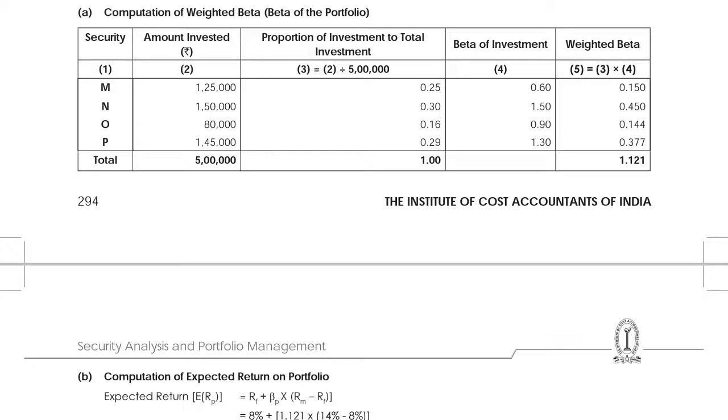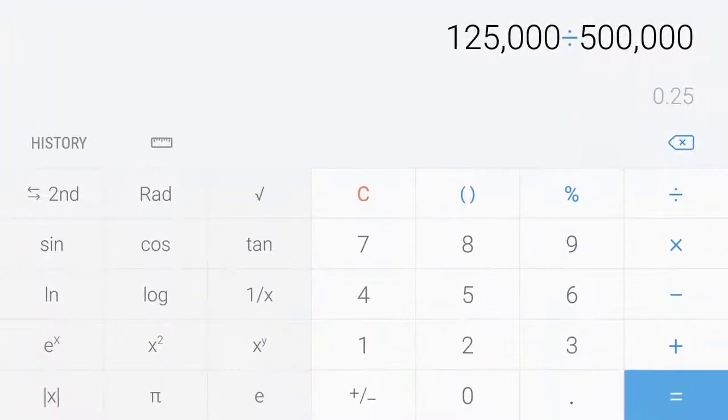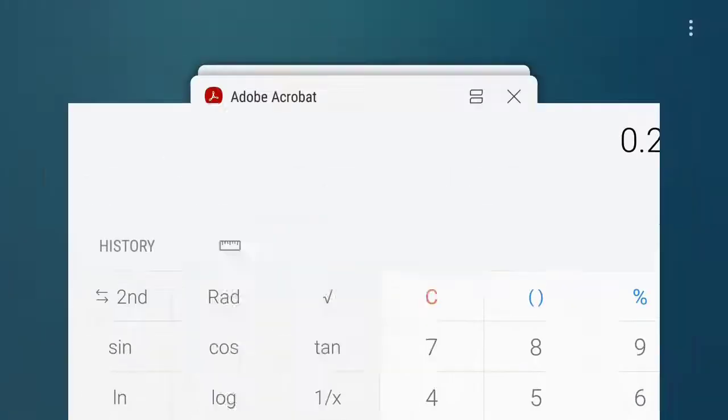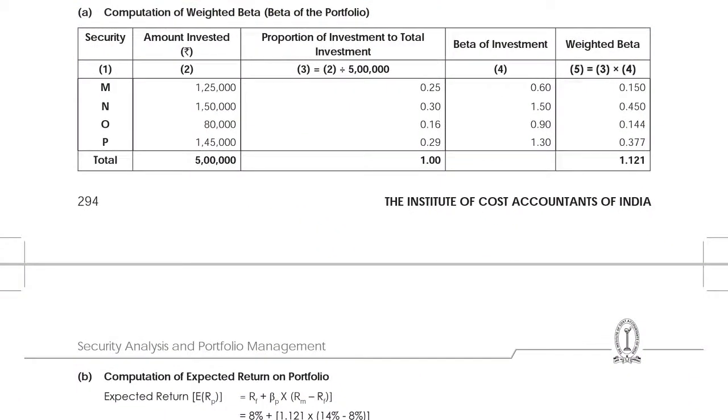So 0.25 into 0.60 is 0.15. So we write 0.150. Likewise, 0.30 into 1.50 is equal to 0.45.